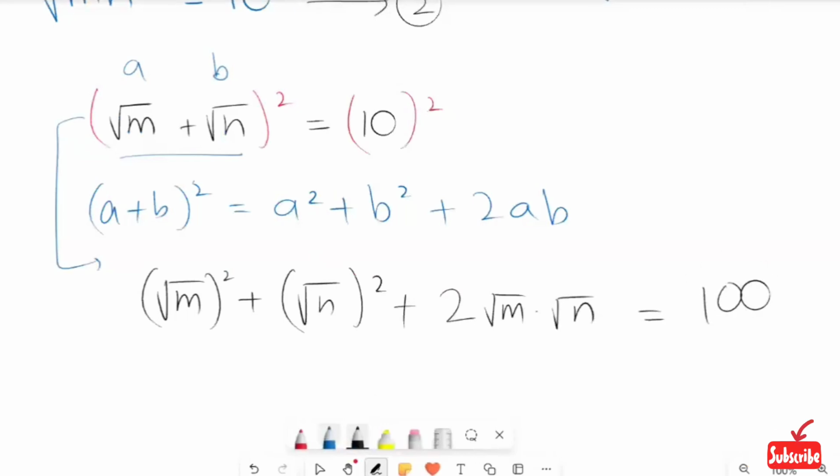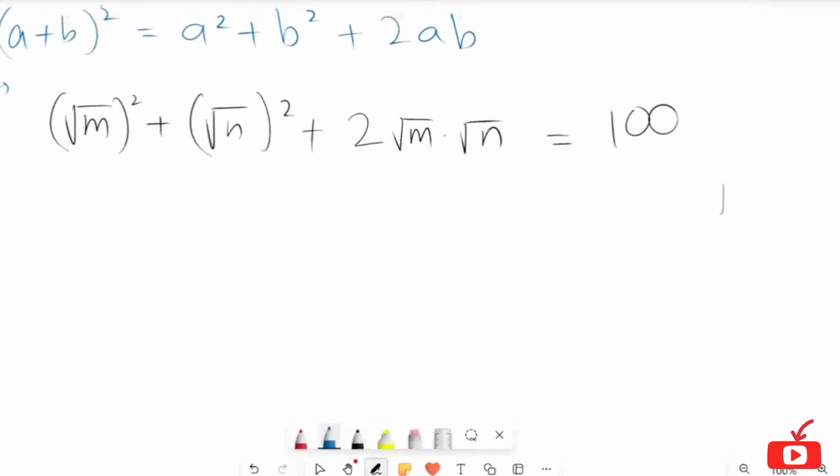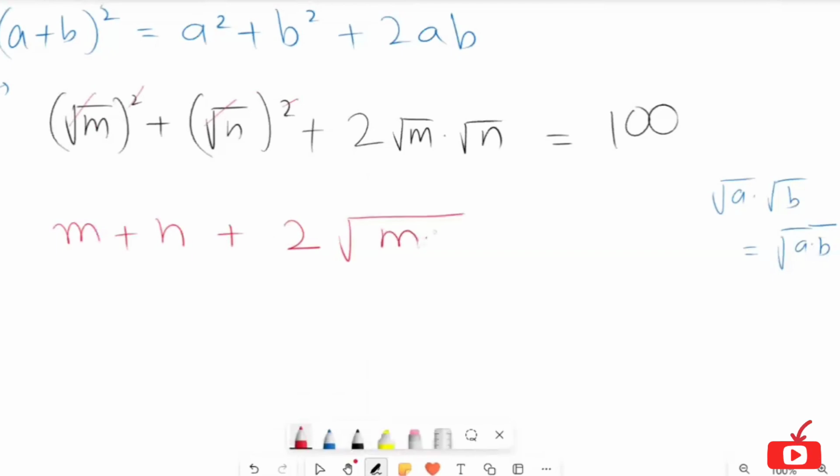Now I am going to use the radical property, that is root a times root b is equal to root of a times b. Here the square and the root get cancelled, so m is remaining, plus n is remaining, plus 2 root mn is equal to 100.